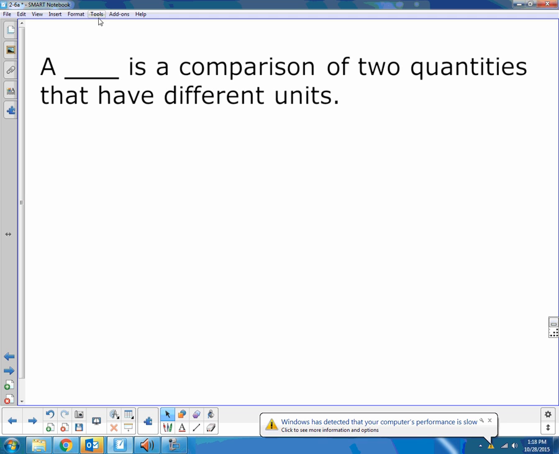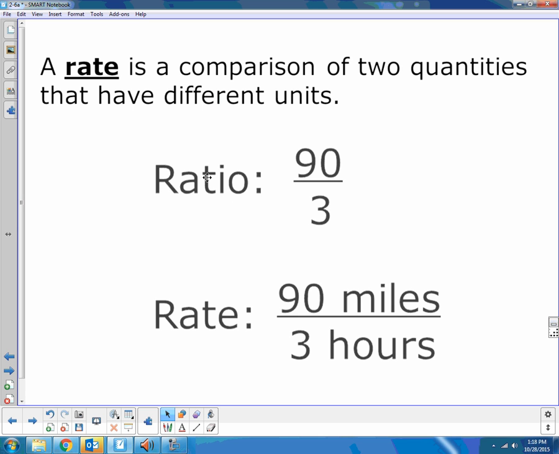A rate is a comparison of two quantities like a ratio, but it's ones that have different units. And it's the different units that make the difference between a rate and a ratio. So I'm going to write this down. A ratio would be like 90 compared to 3.